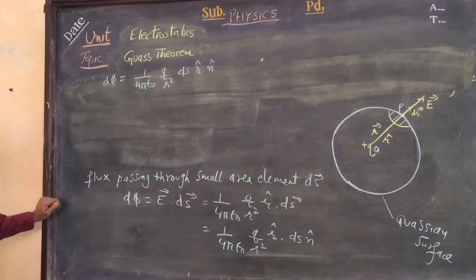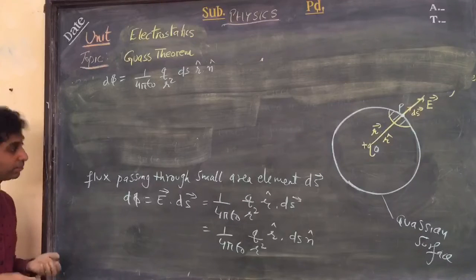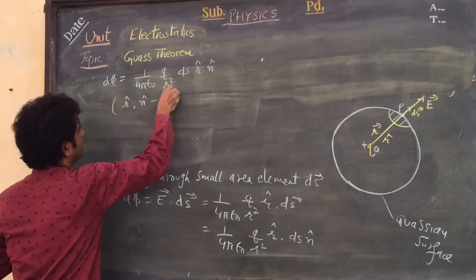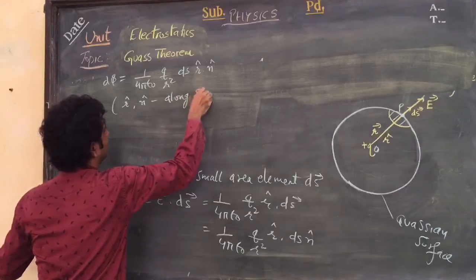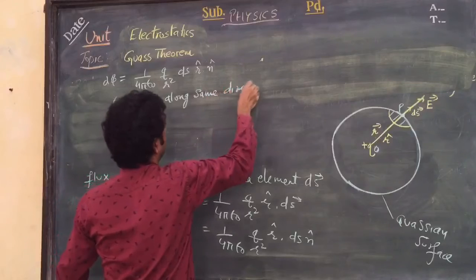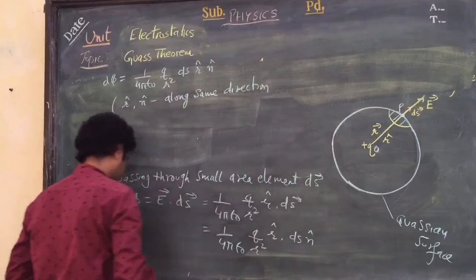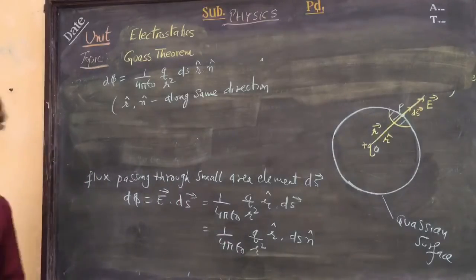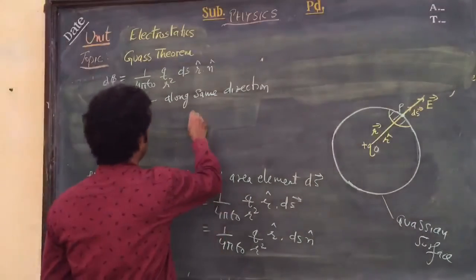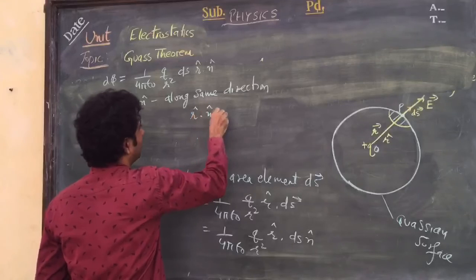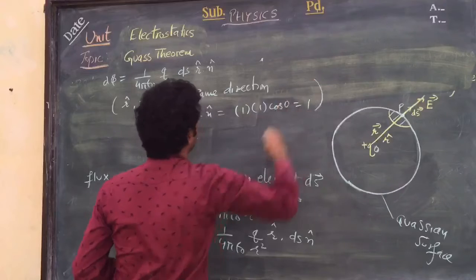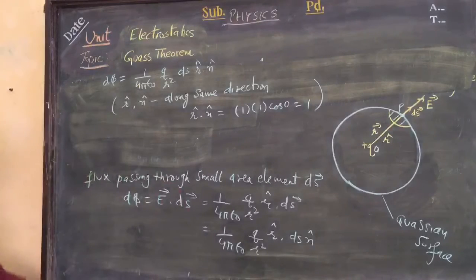Both are along the same direction, and both are unit vectors, so r cap dot n cap is equal to 1 into cos 0, which comes out to be 1.